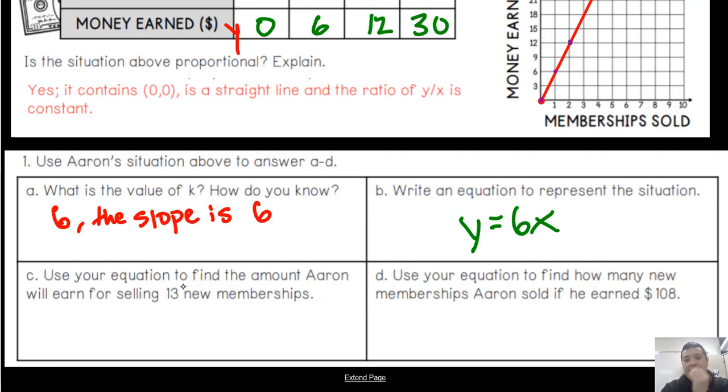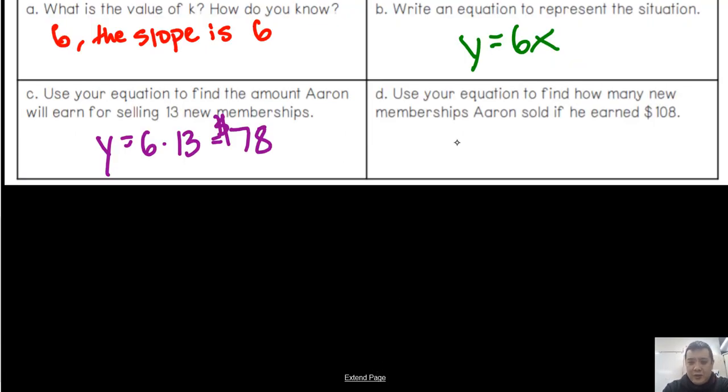Use your equation to find the amount that Aaron will earn for selling 13 new memberships. So y equals 6 times 13, which gets us $78. Use your equation to find how many new memberships Aaron sold if he earned $108. Here we have the y value, so that's 108 equals 6x. We're trying to find x, the number of memberships sold.